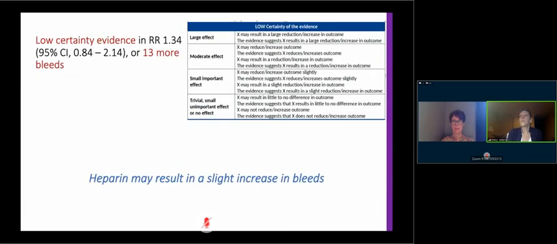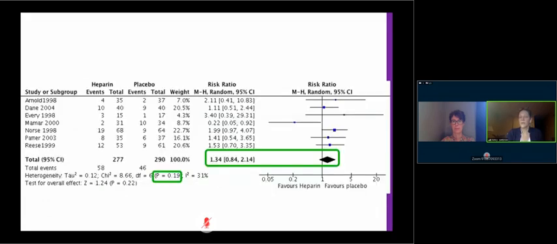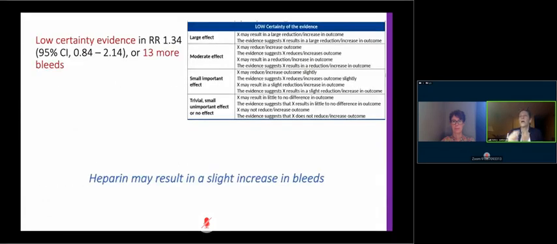If we convert this to actual absolute numbers, so instead of just focusing on the relative risk, we actually say, what does this mean? How many people will actually have a bleed? We would say we had low certainty evidence when we graded the evidence for this risk ratio of 1.34, and it would result in 13 more bleeds if you take the heparin, so just converting it to absolute numbers.